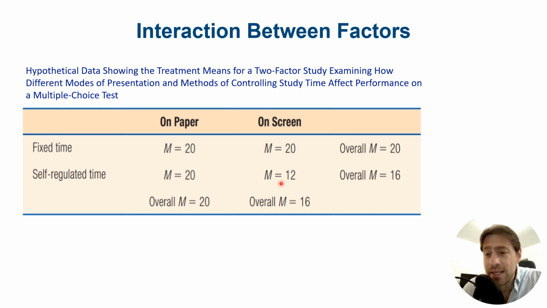So does the presentation mode matter? The answer is it depends on the level of the other independent variable. For fixed time, no, it doesn't matter. For self-regulated time, yes, it does matter. So this is an example of an interaction.